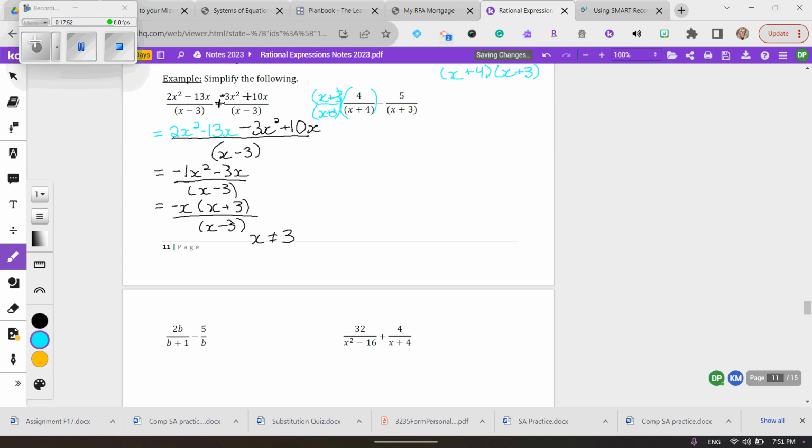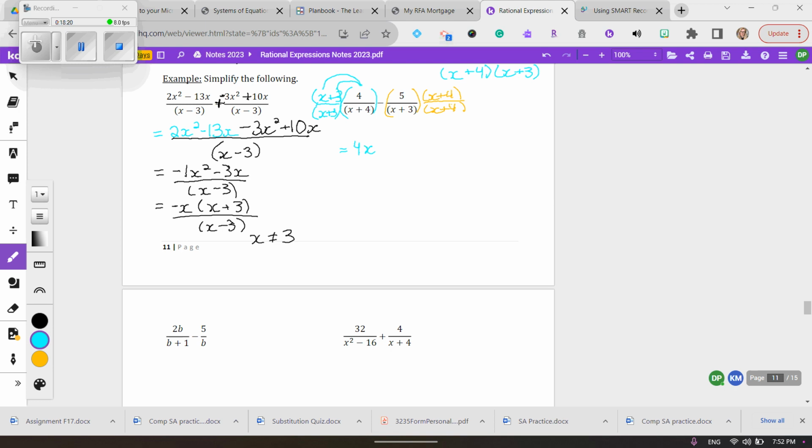So I multiply top and bottom by x plus 3. And the other one here, I'm going to multiply by x plus 4. So that will give a common denominator of x plus 3 times x plus 4. And we're actually going to leave it like that instead of expanding. So I now have 4 multiplied by x, which is 4x.